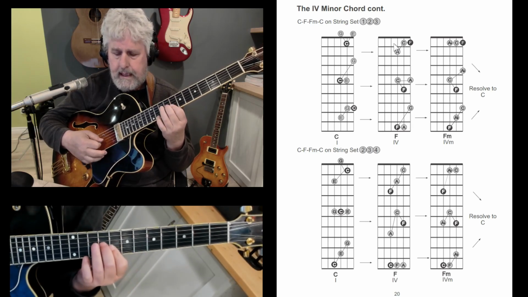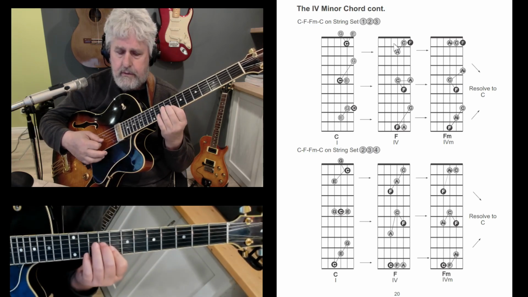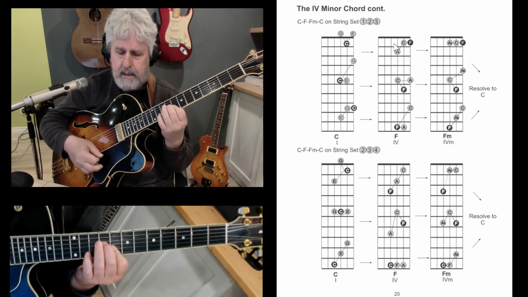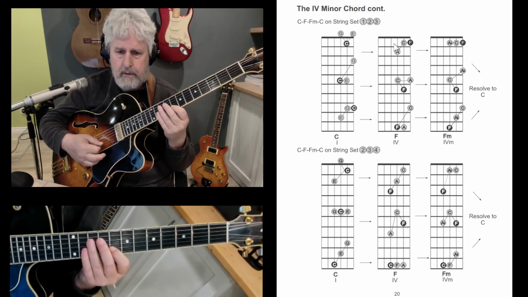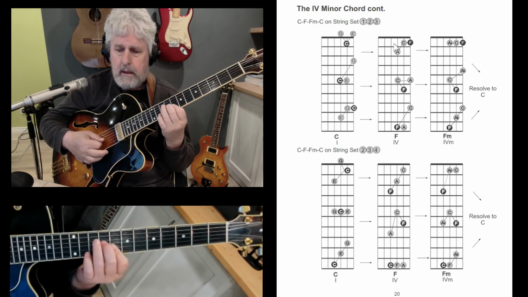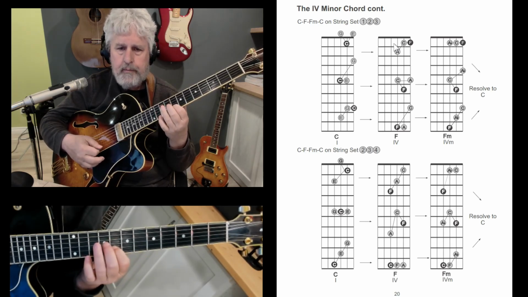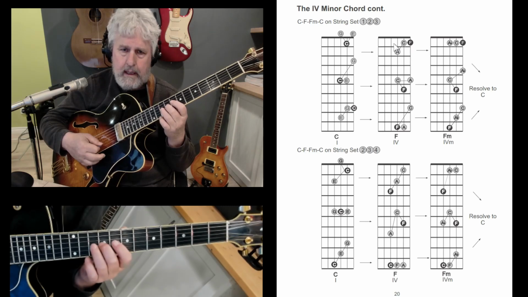If we're to look at that here, there's my C, and if I do this chord progression, C, F, F minor, C, what's happening there is on the top. In the middle, I've got that movement, right? And there I have that movement.